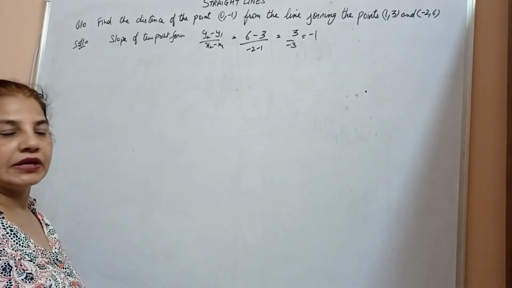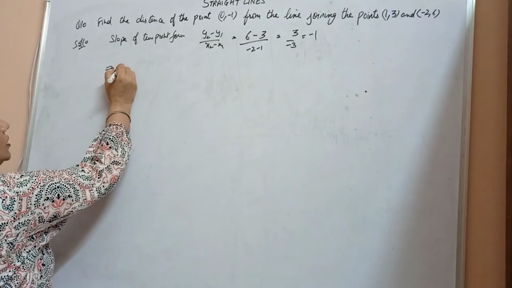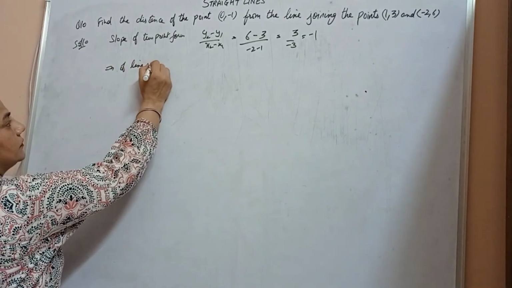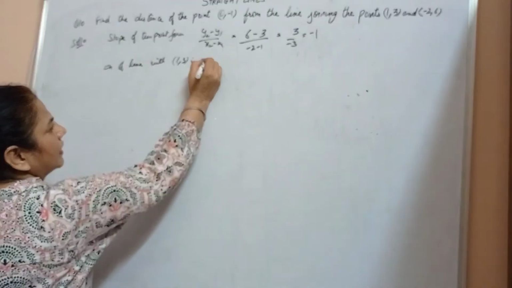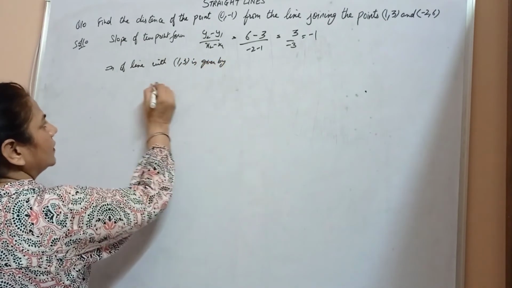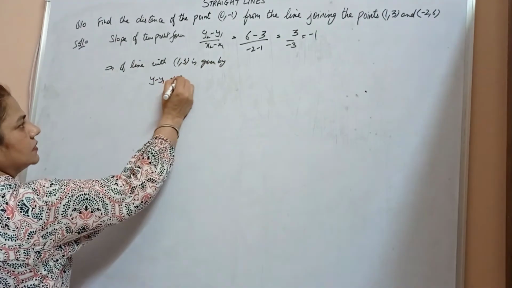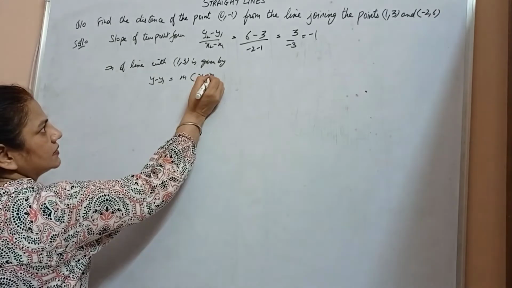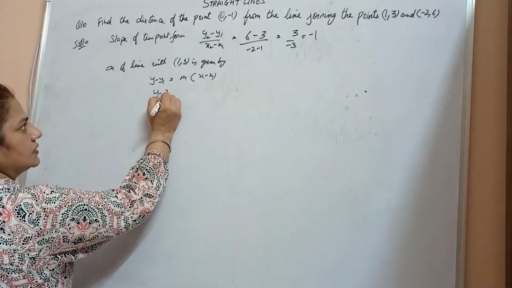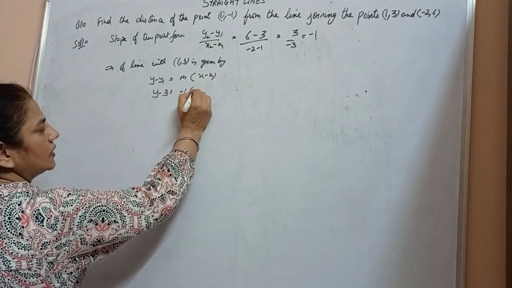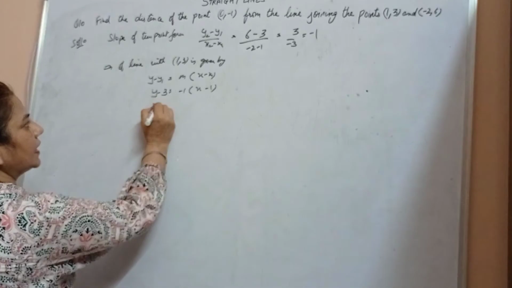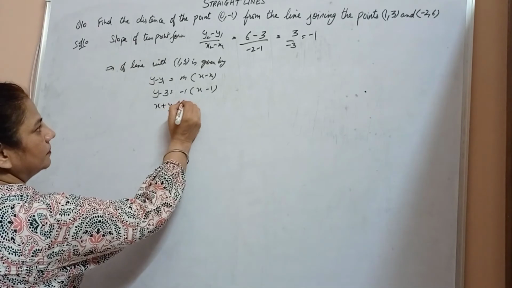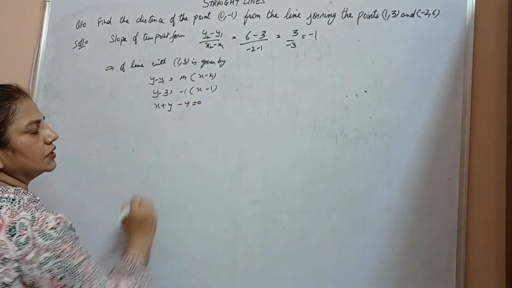Then the equation of the line with point 1, 3 is given by y minus y1 is equal to slope times x minus x1. So we have y minus 3, and the slope is minus 1, times x minus 1. So here we get x plus y minus 4 is equal to 0.